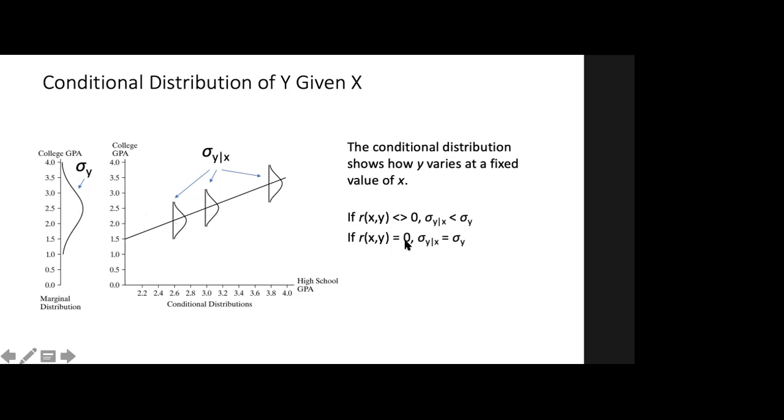When it's zero, when there's no relationship between predictor and outcome, and we're simply predicting the mean of our outcome variable for each value of the predictor, then these conditional standard deviations will be identical to the unconditional standard deviation of our outcome variable.